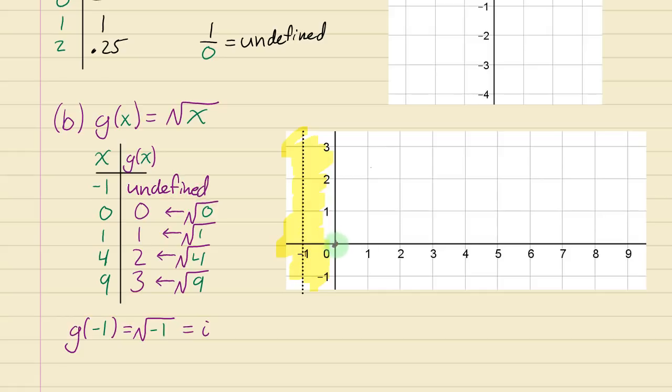If you plug in x equals 0, you get y equals 0. x equals 1 gives you y equals 1. 4 gives you 2. And you notice that this looks a whole lot like a sideways parabola. That's really what it is.